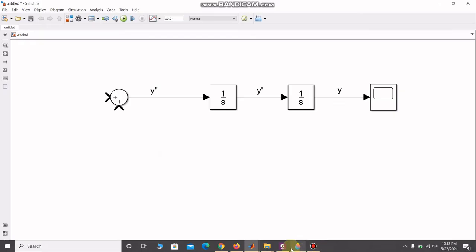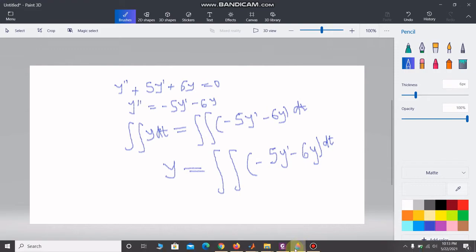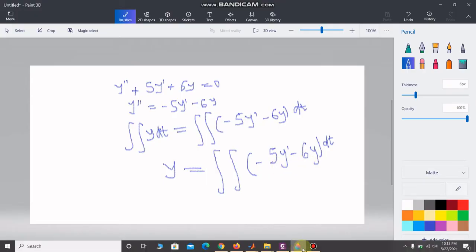So now we have minus 6y and minus 5y prime. That means our y prime is gaining minus 5 here, and y is gaining minus 6. So we need 2 gain blocks because our output, which is y, is gaining 5 and 6 here.